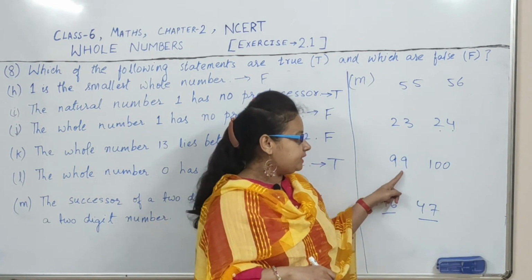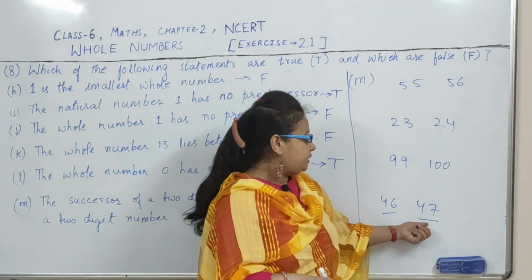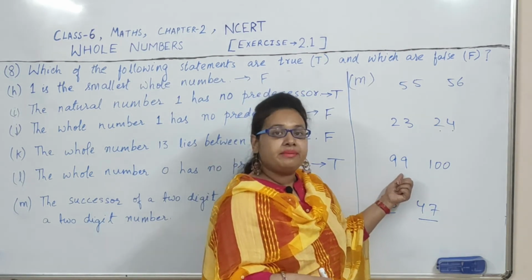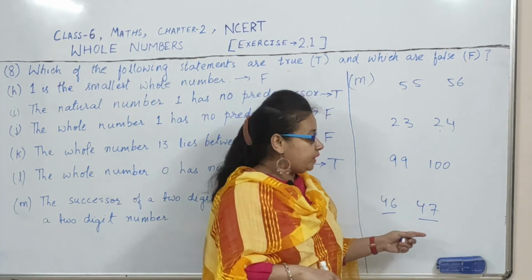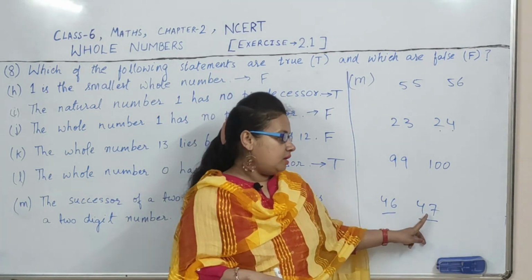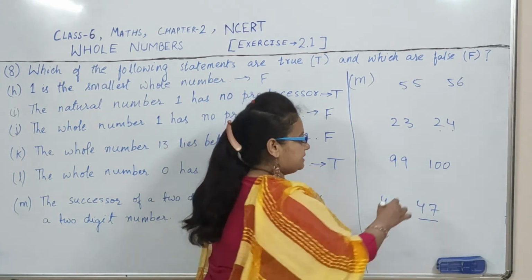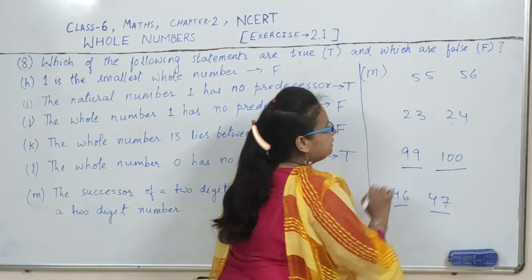The successor of a two-digit number here is a three-digit number. So, it's not always true that the successor of a two-digit number is a two-digit number. It may be a three-digit number like this.